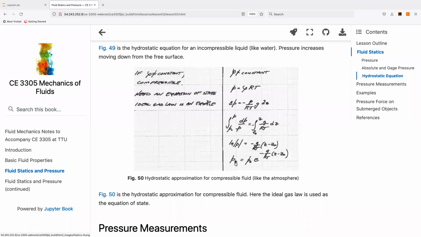It says that P at depth is equal to our reference pressure times e to the minus g over R T times whatever the elevation change is. Occasionally we'll use that, figuring out what the pressure is if we go from sea level to, say, 5,000 feet elevation. I can't do that in my head. I don't actually know.